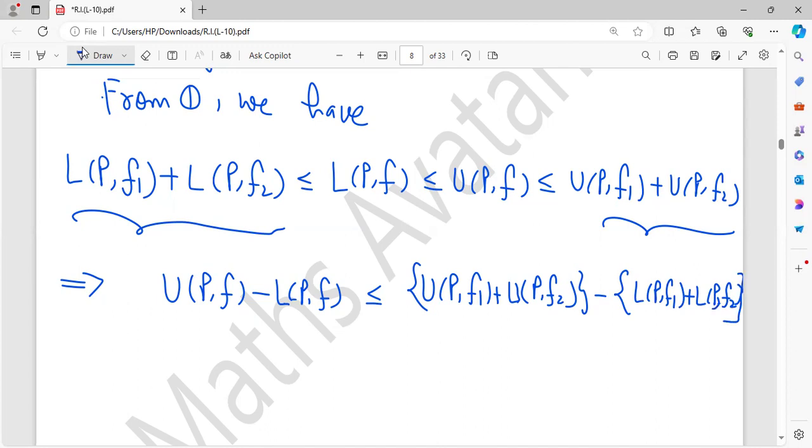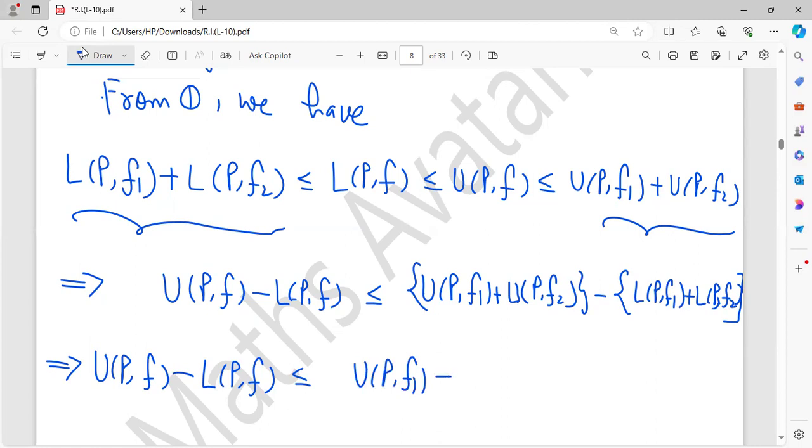So this implies UPF minus LPF is less than or equal to UPF1 minus LPF1, plus UPF2 minus LPF2.